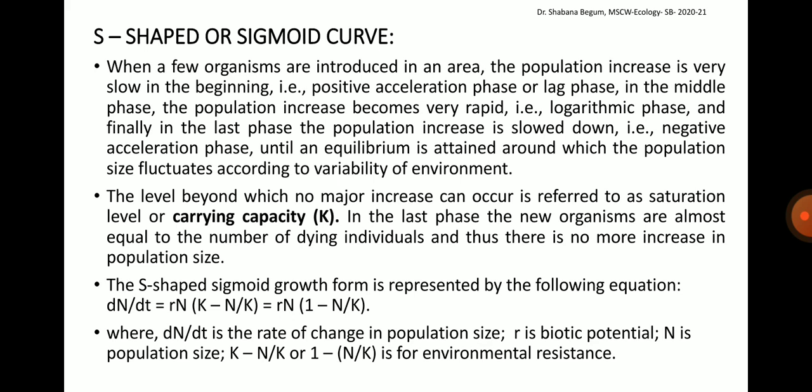The S-curve or S-shaped growth form is called density dependent, as the growth rate depends on the number of individuals present in the population. When the growth reaches the stable state and the growth rate is 0, that is the maximum carrying capacity of the given environment for the population.